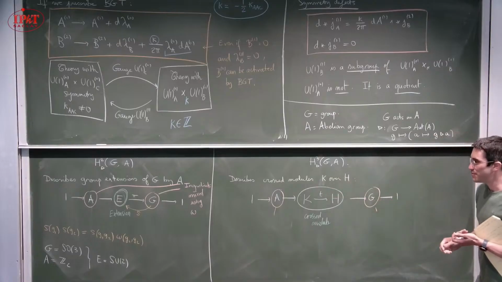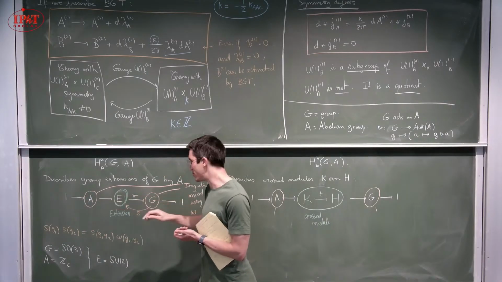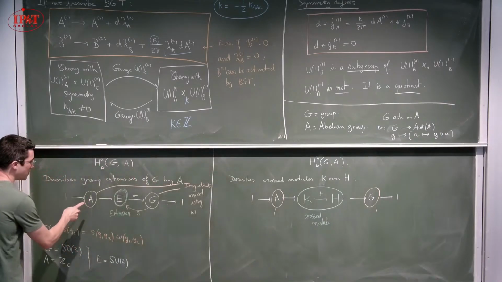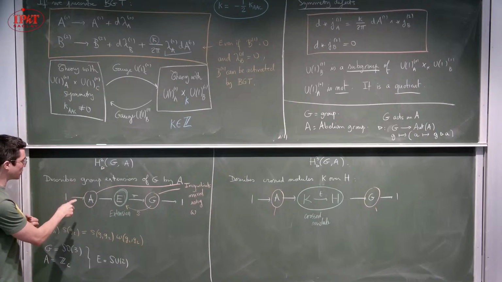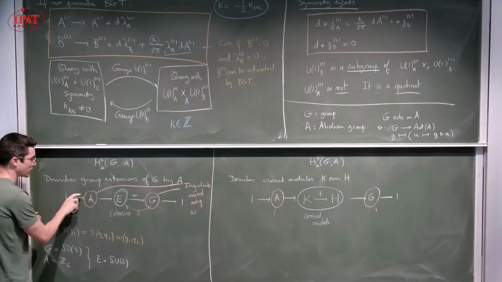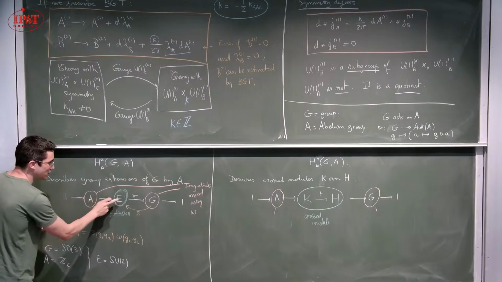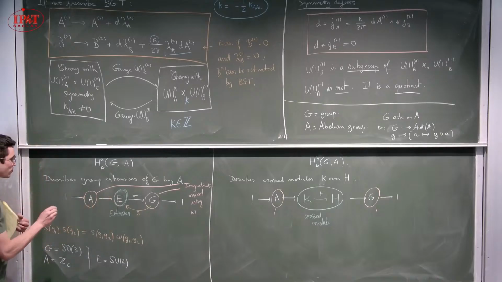The difference between the two, they are arrows, so they play very different roles. Here, I didn't even say what's a short exact sequence, but it means that the image of each arrow is the kernel of the next, and so on. So basically, that thing A is a subgroup of E. That's the crucial thing.